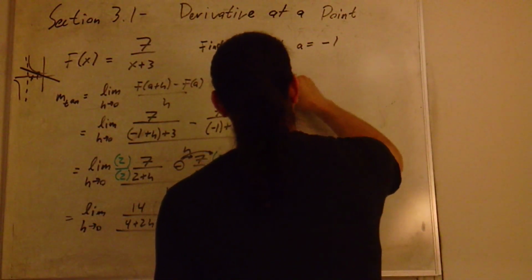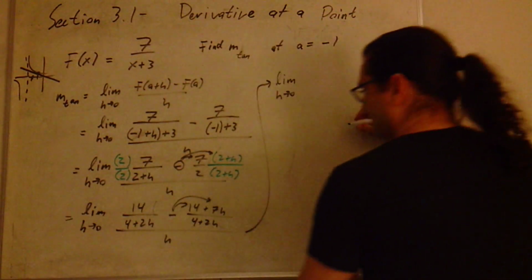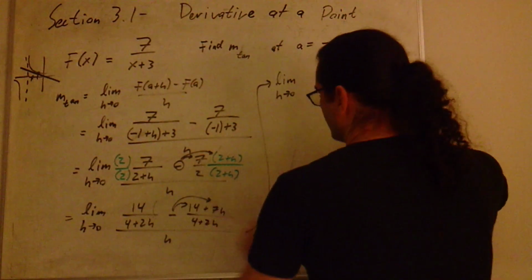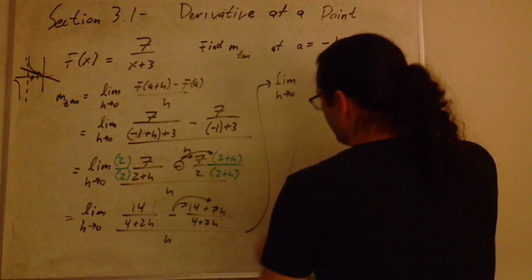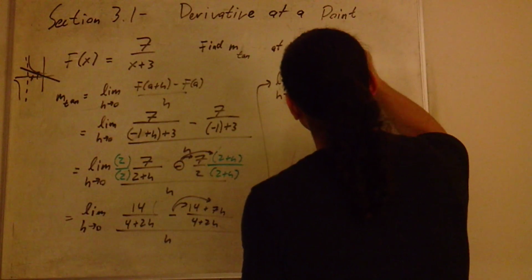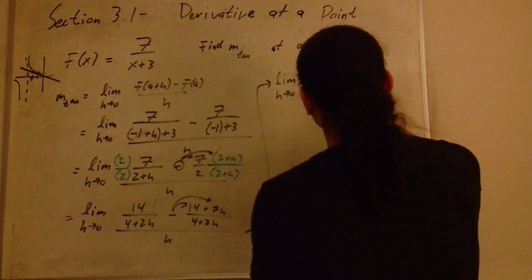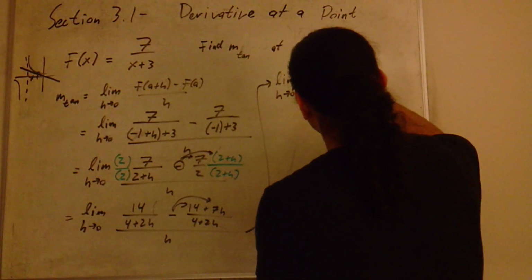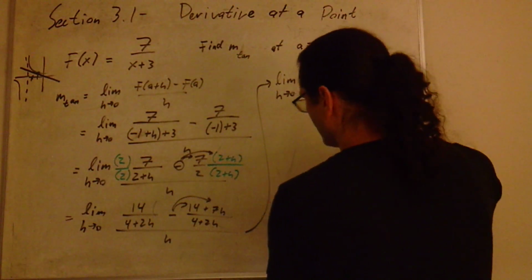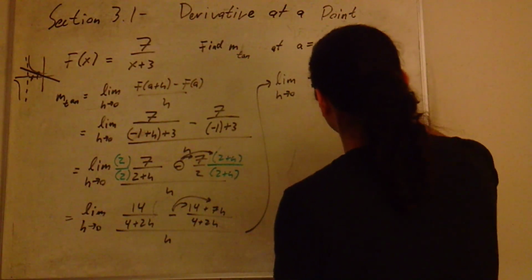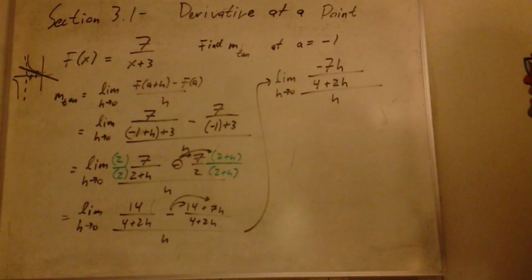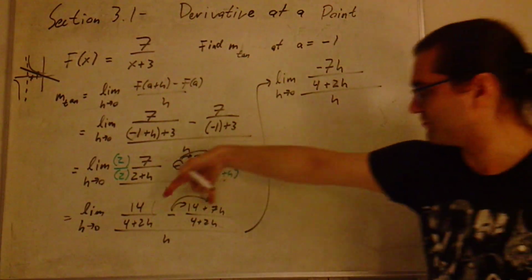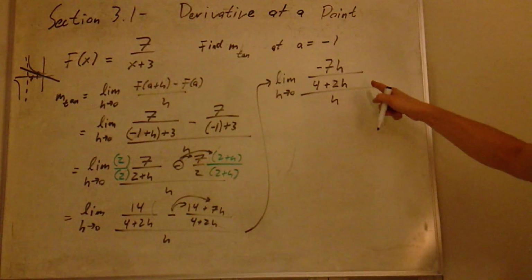The limit as h goes to 0 of 14 minus 14 will give me 0. Negative 7h is what's left on top. Negative 7h over 4 plus 2h is my denominator, divided by h. This is the result of subtracting these two fractions with their common denominator.